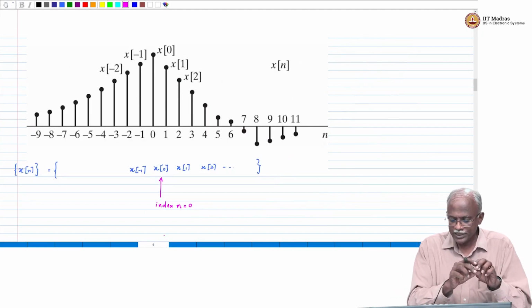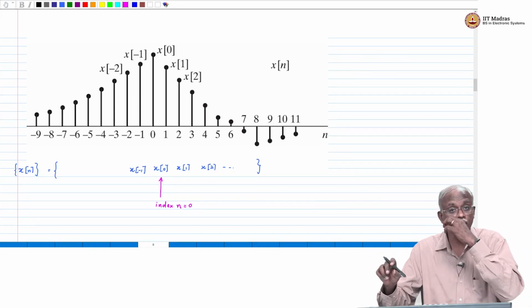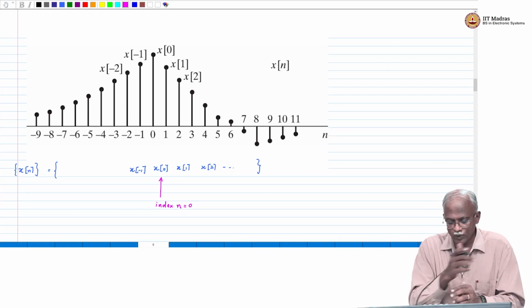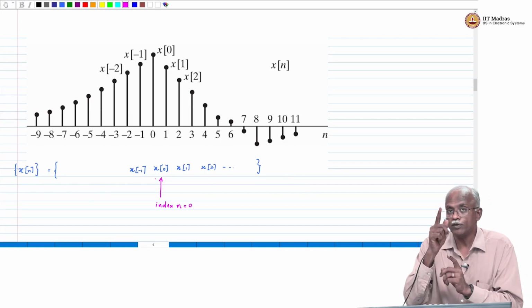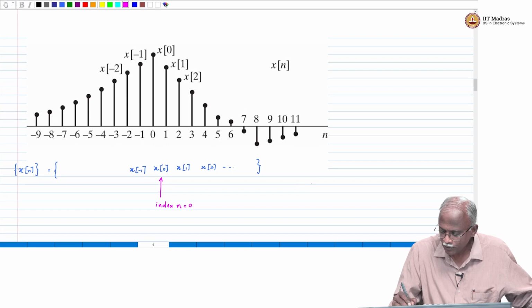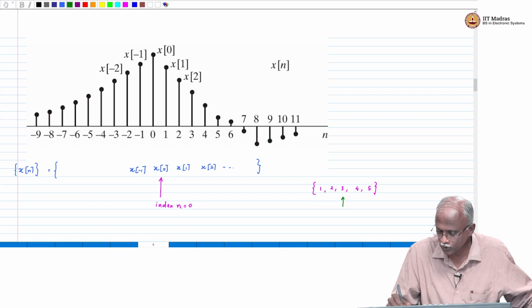Then we said that once you have a discrete time signal, you represent it as a sequence of numbers, x of 0, x of 1, x of 2 and so on, x of minus 1, and when you write it as a sequence of numbers, you will always indicate where the 0 point lies. For example, if you had a signal which consists of 1, 2, 3, 4, 5, you need to know where the 0 axis is. This corresponds to the value x of 0.